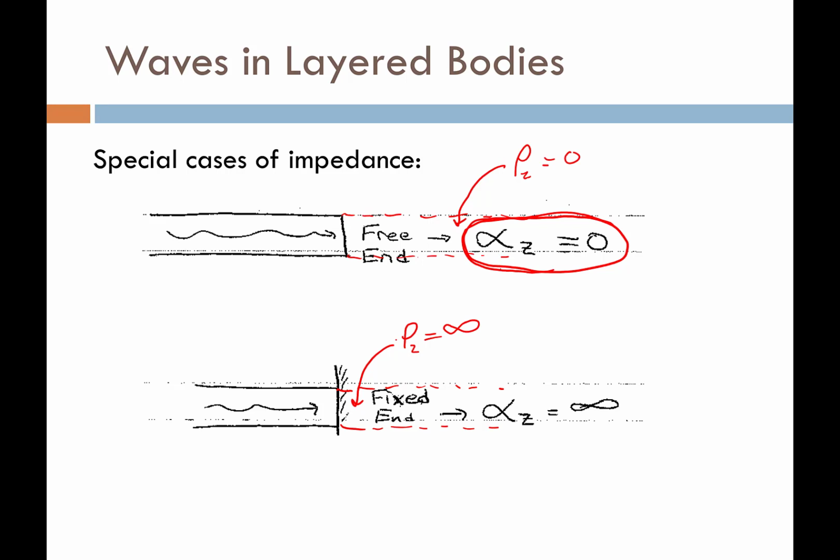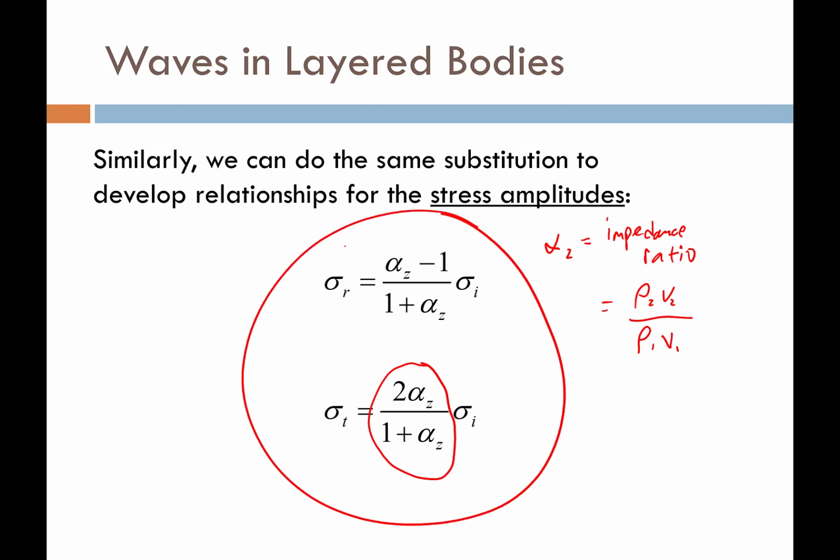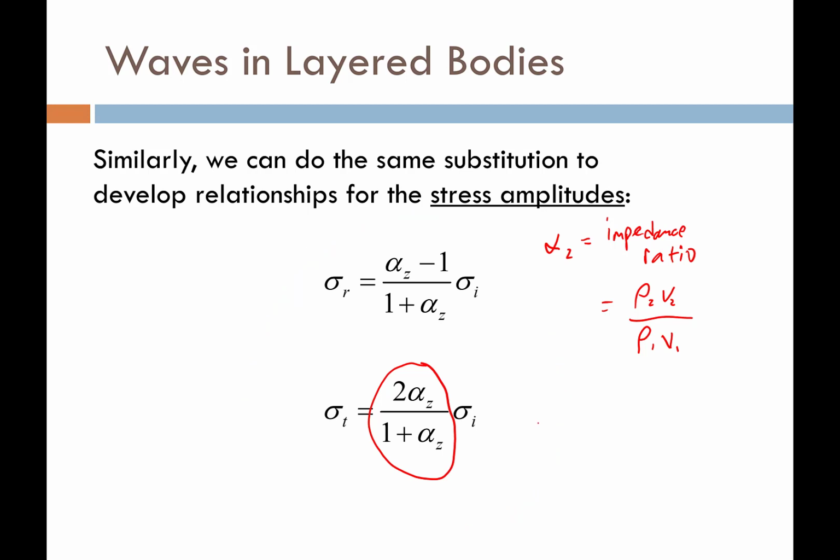If that's the case, then my impedance ratio is also going to be equal to infinity. So I can take these special cases and go back, I'm moving backwards through the slides, and I can use these relationships to figure out what those special cases would do for my waves, my amplitudes of my reflected and my transmitted waves.